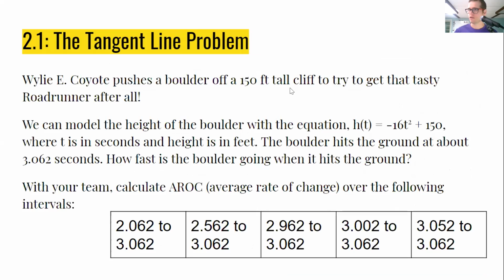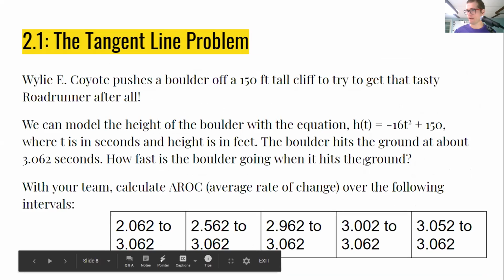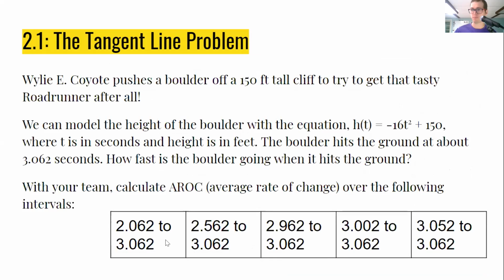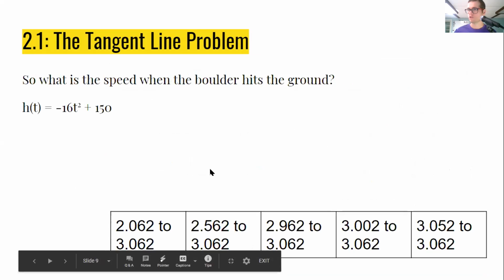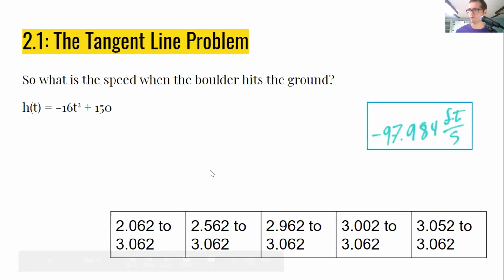We're not going to do this, but if we want to find out how fast the boulder is going when it hits the ground, we can approximate that using average rate of change on some different intervals. So the speed when it hits the ground is velocity, because that is the direction there, is negative 97.984 feet per second.